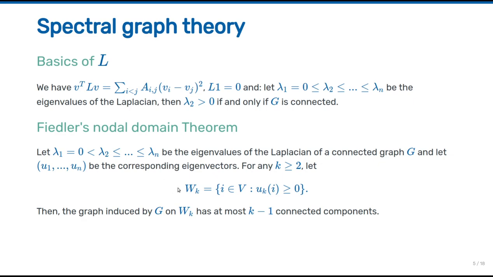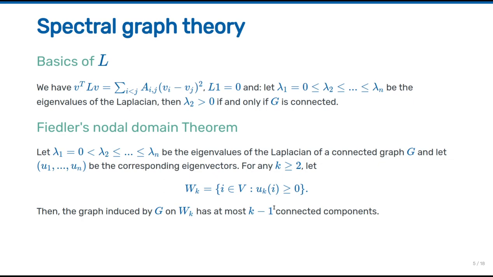Then you have a very nice theorem of Fiedler telling you that if you look at the nodes in my original graph where the eigenvector k is non-negative, so W_k is a subset of the vertices in my graph, and you look at the graph induced by this vertex set on G, then it has at most k minus 1 connected components.